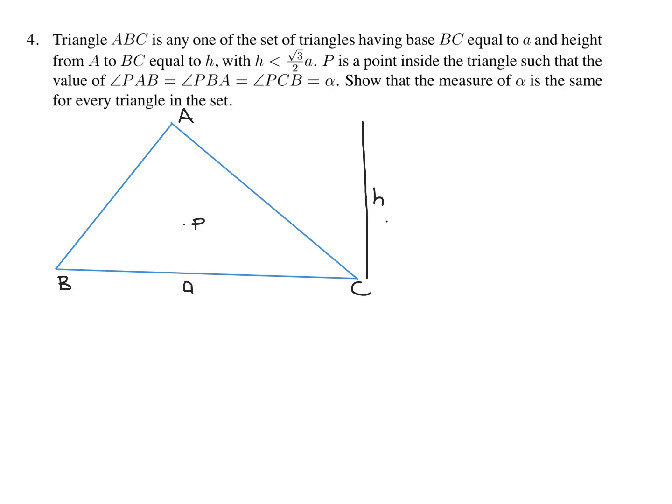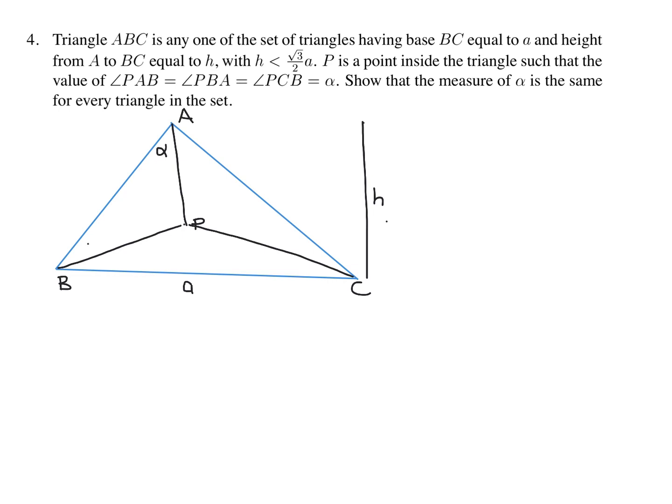And they're saying that when you connect these, B to P, P to C, and A to P, that the angles are all going to be the same. So PAB, this angle, which they have said is alpha, is going to be the same as PBA.